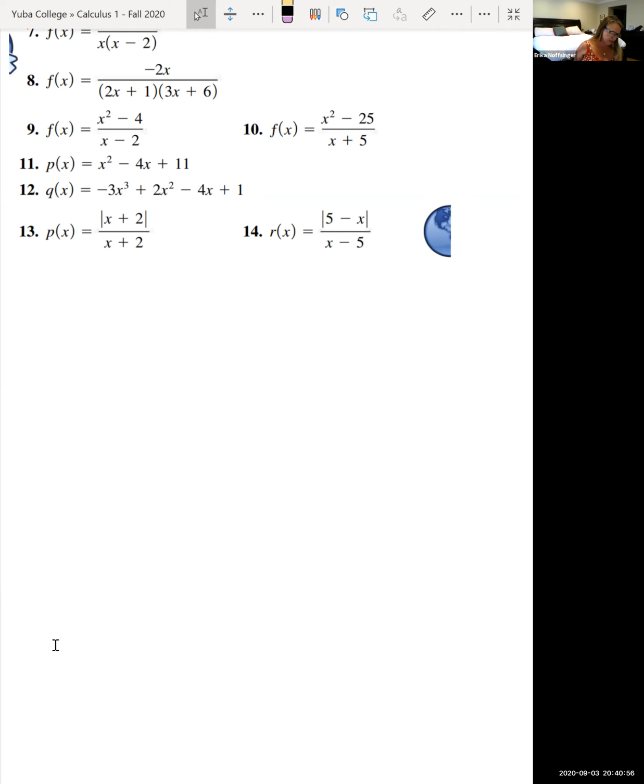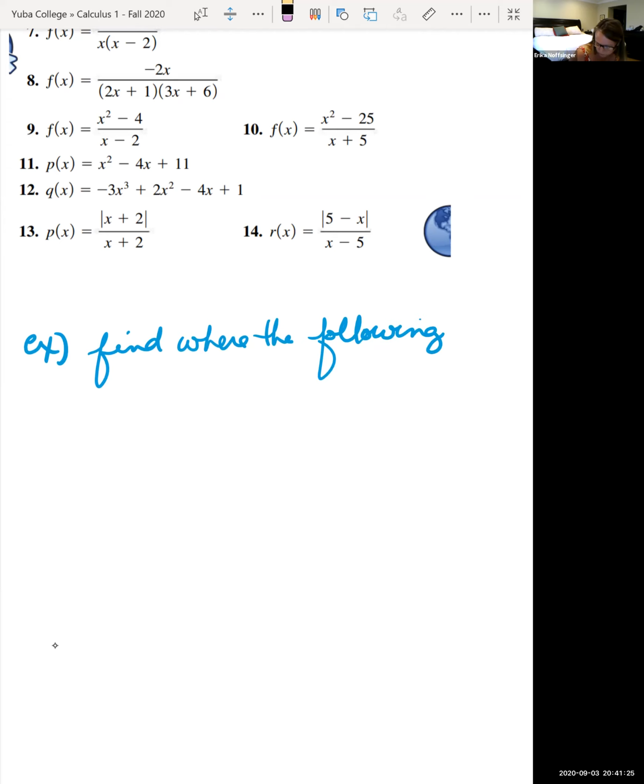At what points are the functions in exercises 13 to 32 continuous? Okay, so example. Let's find where the following functions are continuous.